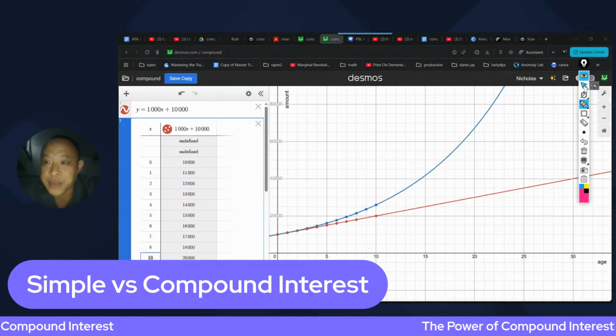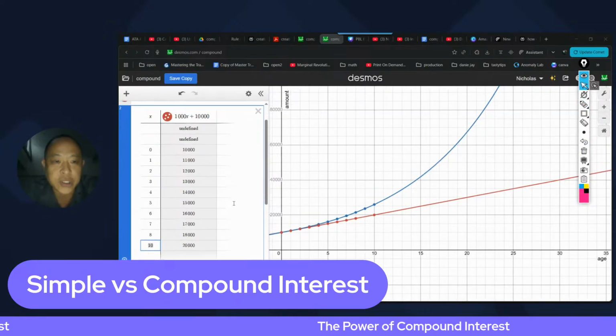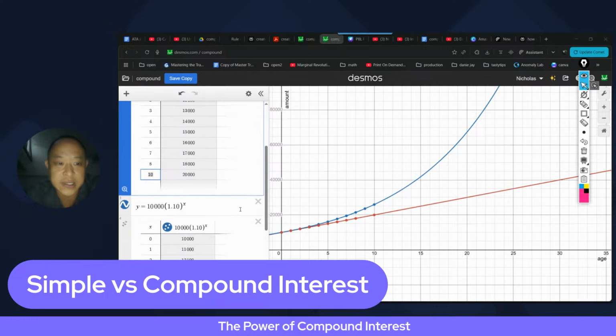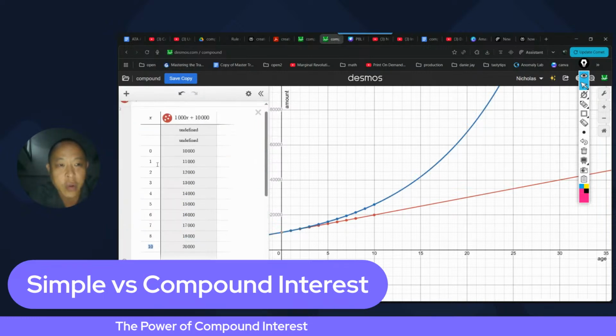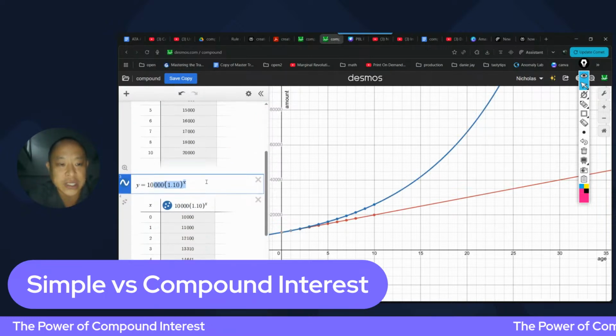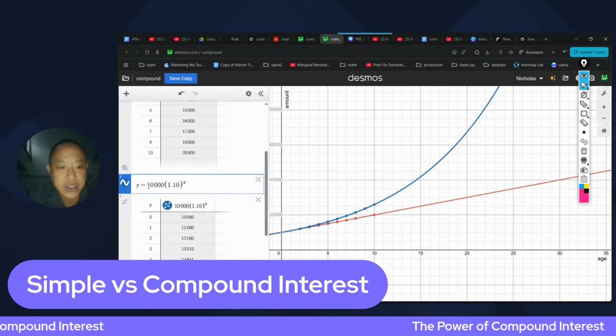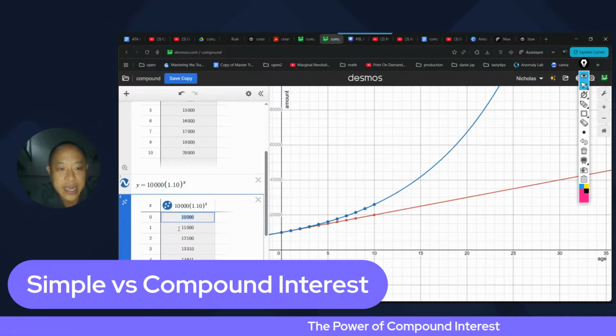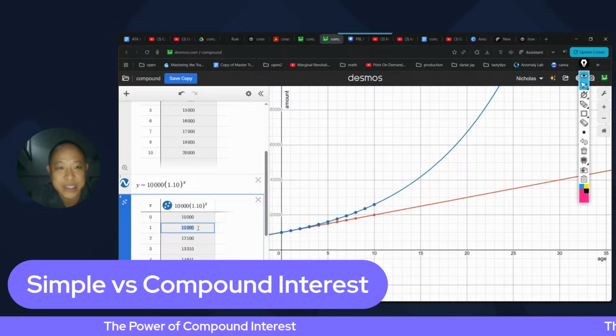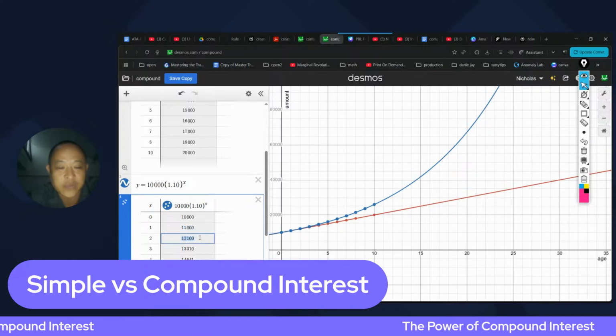But if you use compound interest, where now it's growing, your interest is earning interest, right? So basically, you take your amounts, and the first year is going to be the same, but now you're taking 10% of this amount, which gives you 12,100.